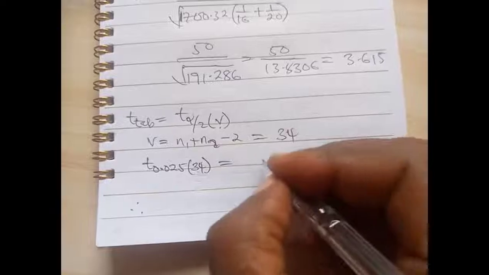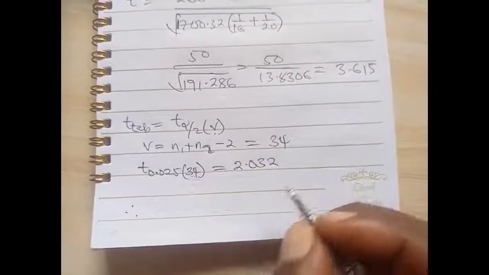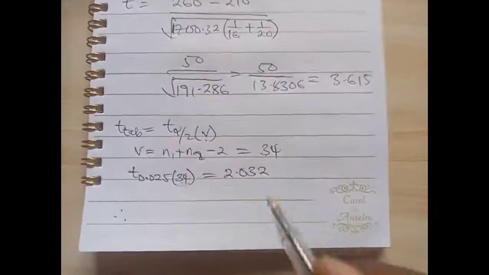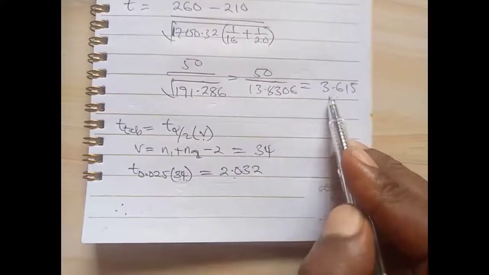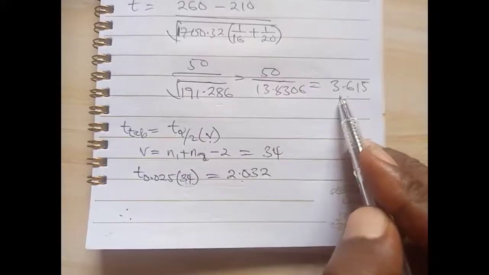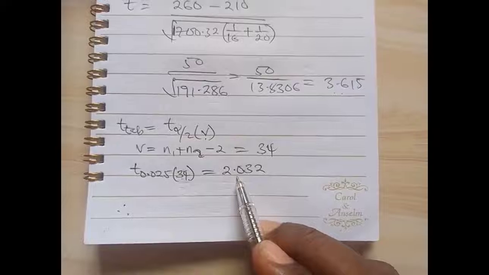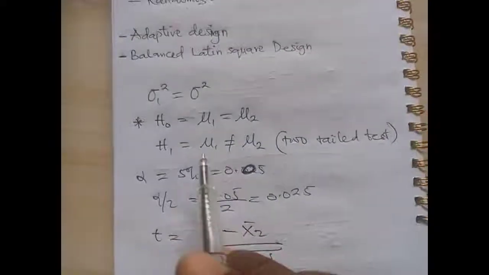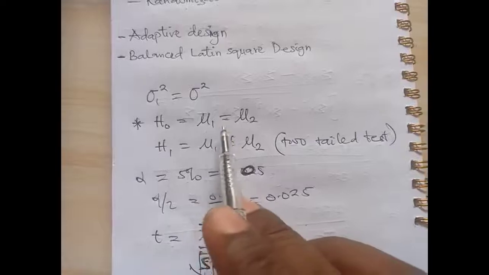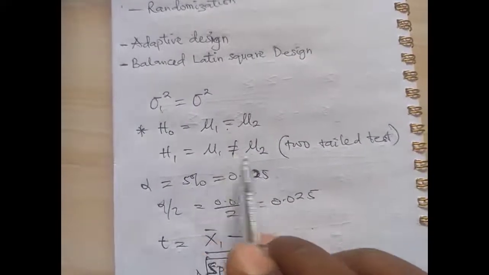If we check it under the table, we'll have that it is 2.032. We now make a decision. For us to make a decision, we compare t calculated and t tabulated. You can see t calculated is greater. So our decision is, since t calculated is greater than t tabulated, we reject H naught and conclude that the first mean is greater than the second.